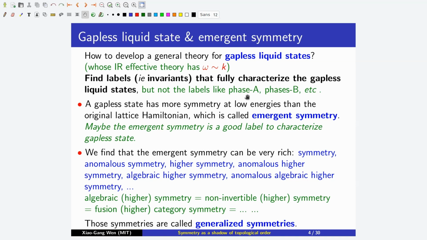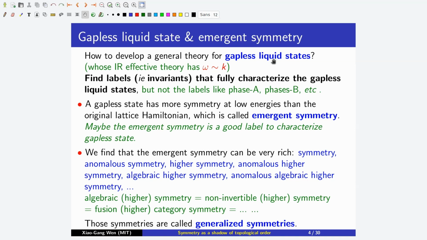The idea is that to understand these gapless liquid states, first we have to have a label for them. It's very similar to the situation when we first encountered fractional quantum Hall states. When we first encountered them, we said it's a quantum liquid. But at that time, quantum liquid meant we don't know what's in it, and it's just a mess.